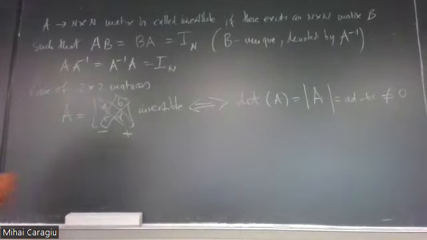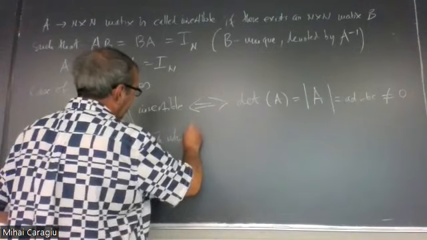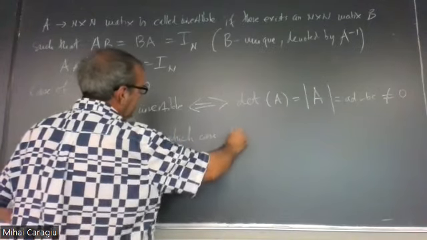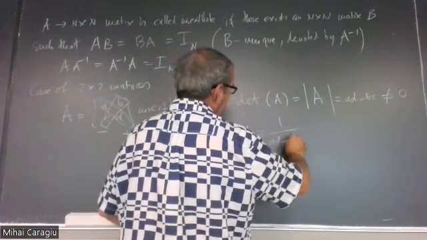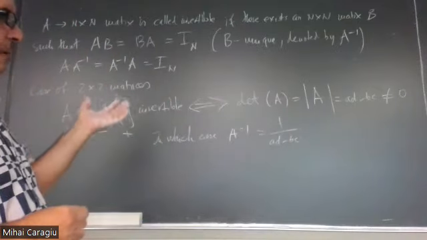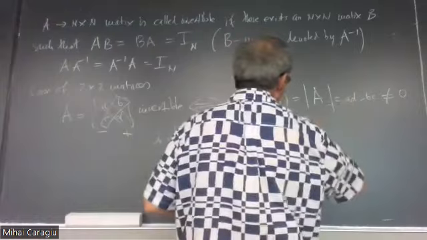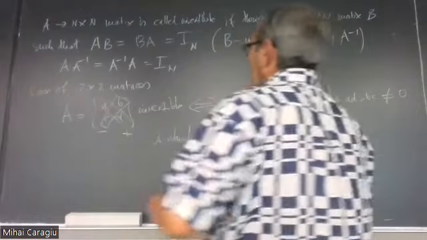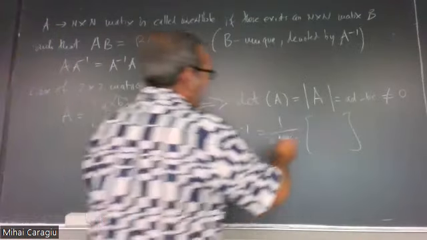In which case, A inverse equals 1 over AD minus BC, which is a scalar taken in front of a matrix. You know how to multiply matrices with scalars now. It's 1 over AD minus BC times the matrix in which the main diagonal elements get flipped: instead of AD, we get DA.